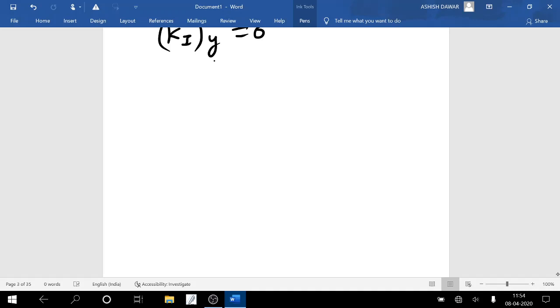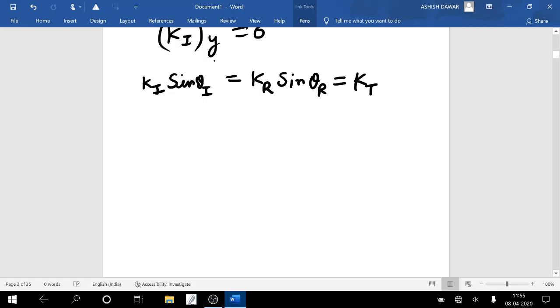So the equation implies that k_i sine theta_i equals k_r sine theta_r equals k_t sine theta_t, where theta_i is the angle of incidence, theta_r is the angle of reflection, theta_t is the angle of transmission, more commonly known as the angle of refraction.